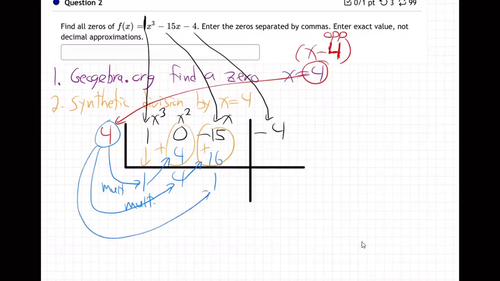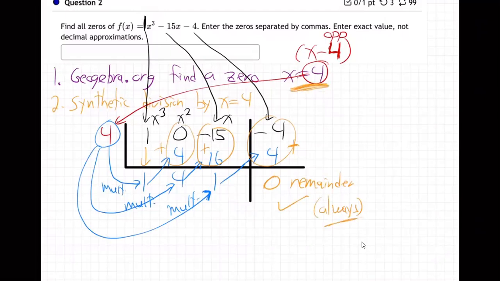And then 4 times 1 is 4. No surprise. Add them up. 0. My pen's going slow. 0 remainder. That's good. You should always get a 0 remainder when you're dividing by something that you found is a 0 from the graph, right? It's a 0, which means the remainder 0, which means it hits 0 on the graph.